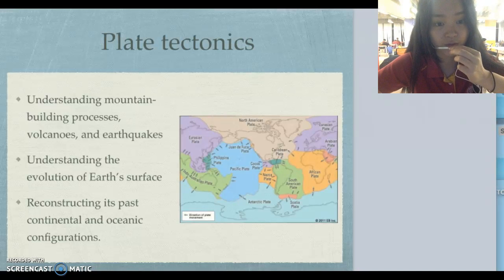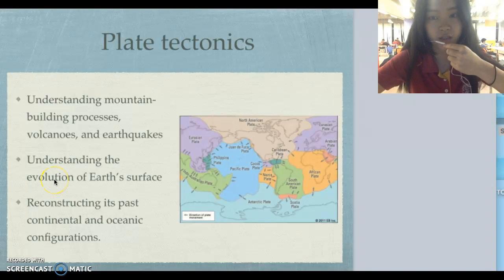We can also understand the evolution of Earth's surface. Like this is the original picture of the Earth, and now we have a completely different one. And third, we can use this figure to figure out what the past was like.